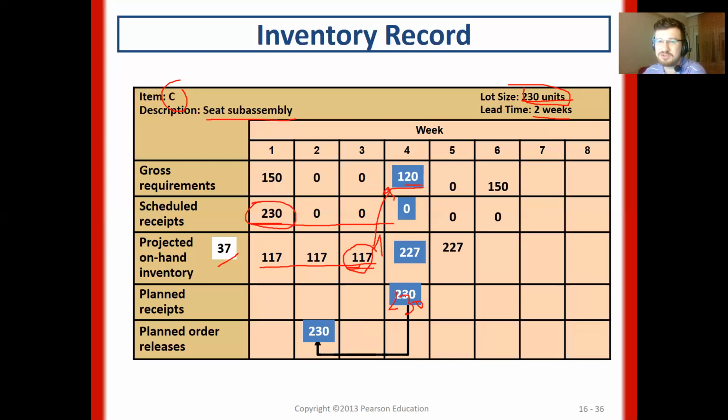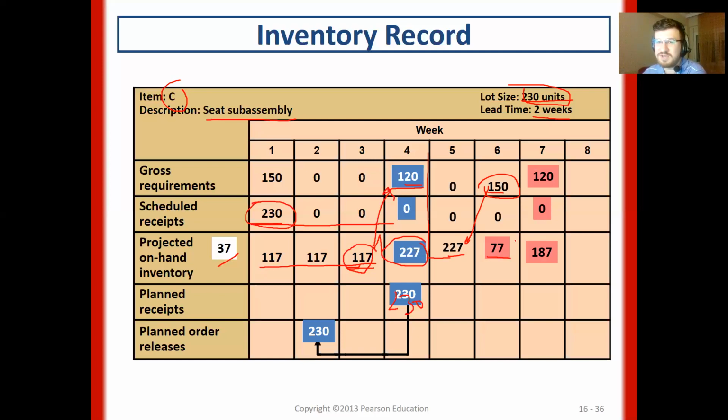And then 230 plus 117 minus 120 results in 227 units of on-hand inventory at the end of week 4. It will be kept in my storage area during week 5 until we try to meet this demand. Because this one is less than this one, I can easily meet this demand from my inventory, and the inventory level reduces to 77.